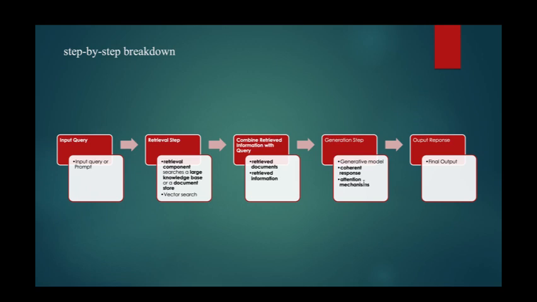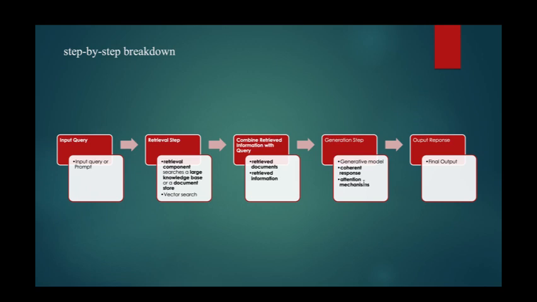Tools like FAISS, Facebook AI Similarity Search, can be used to perform this efficient search. This step helps bring in external information that the generative model might not have directly learned during its training phase.